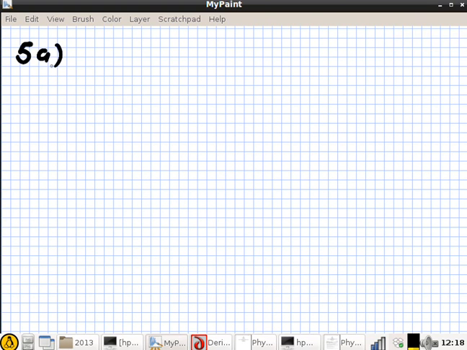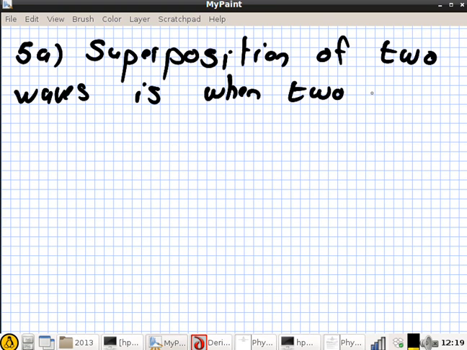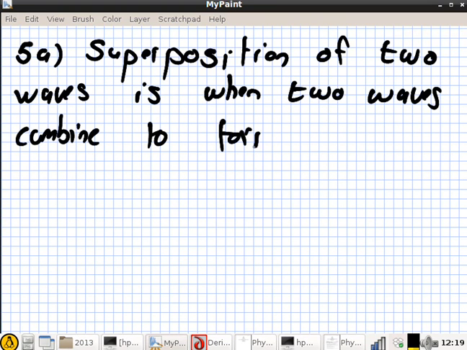5a. Superposition of two waves is when two waves combine to form a new wave. And what's the key thing here?